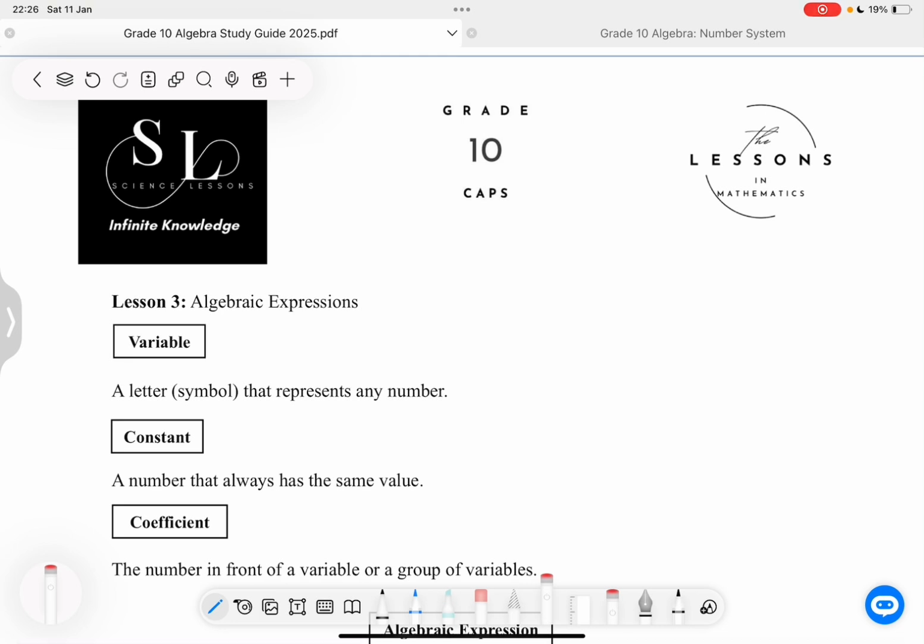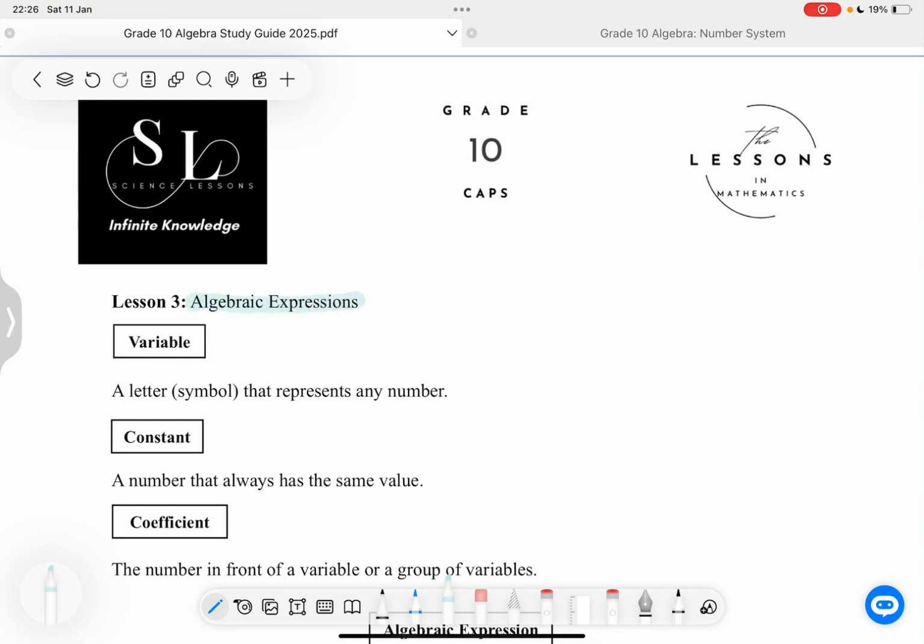And the second part of algebra is studying the properties of numbers by generalizing them as symbols. Lesson 3 and beyond will be looking at exactly how to do that. Our attention now is on algebraic expressions.